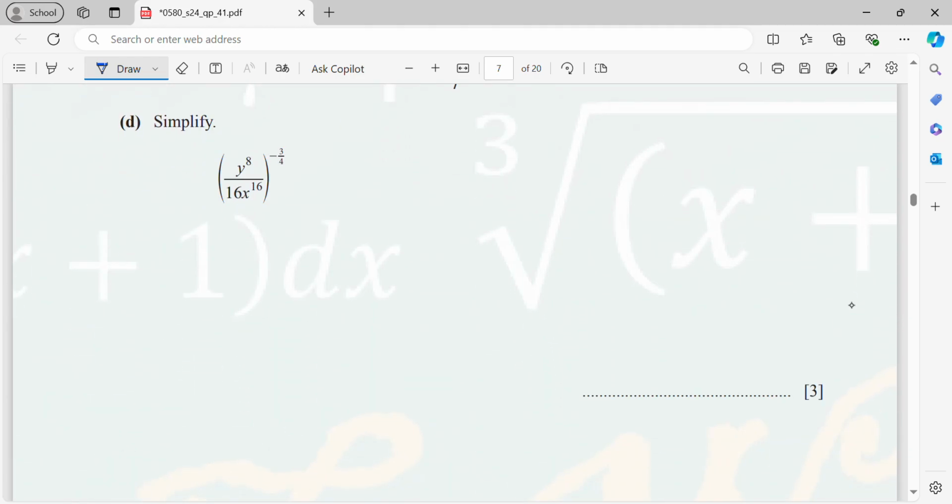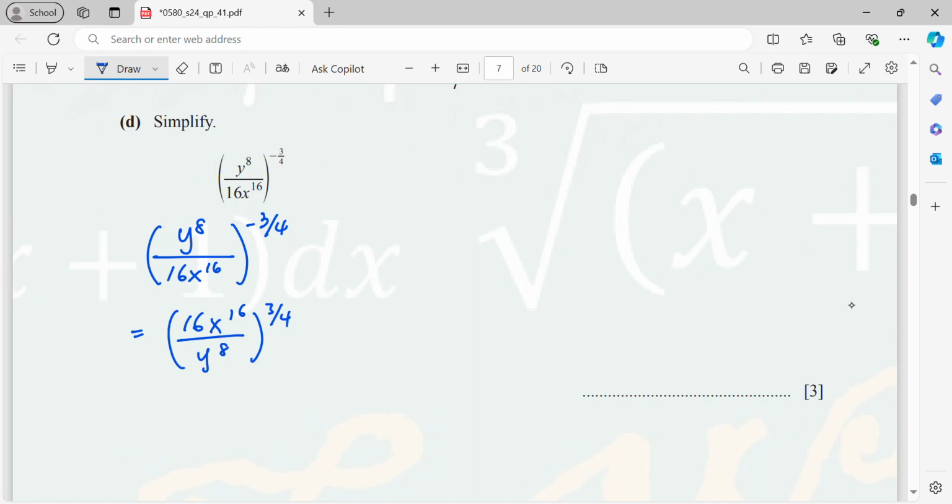D, simplify. When you look at here, there is a negative degree, so you can move up first because of the negative degree. I will write y to the power 8 over 16x to the power 16, all to the power of negative 3 over 4. So I can change it to 16x to the power 16 over y to the power 8, to the power of positive 3 over 4.